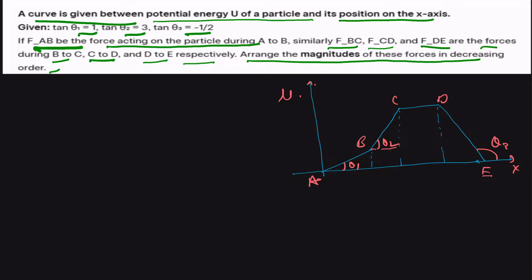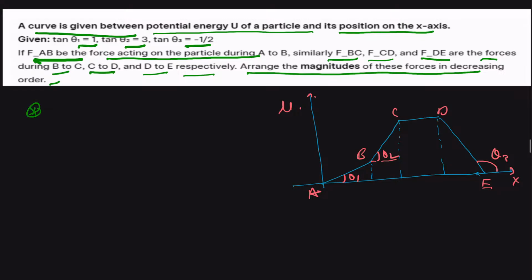Okay, so we are given the angles and the forces. We are given the tangent of the angle. So the tangent of theta 1 is 1, tangent of theta 2 is 3, and tangent of theta 3 is minus 1 by 2, and we are given the forces also.